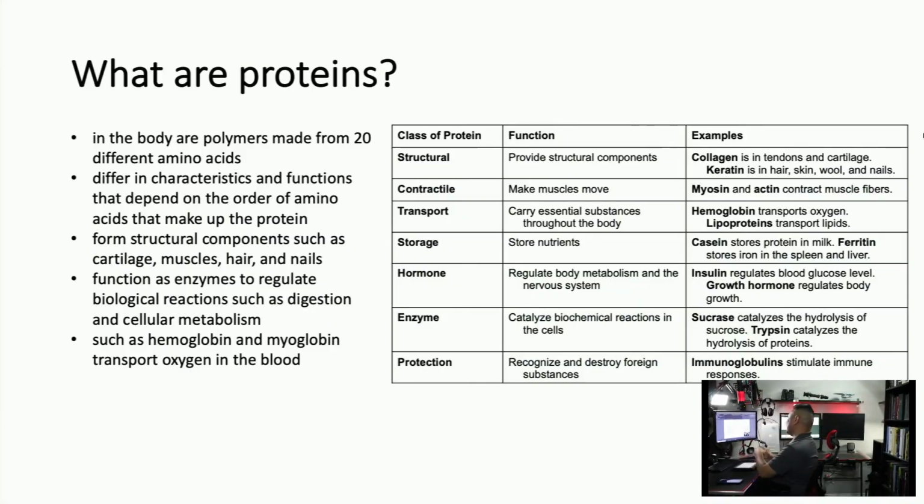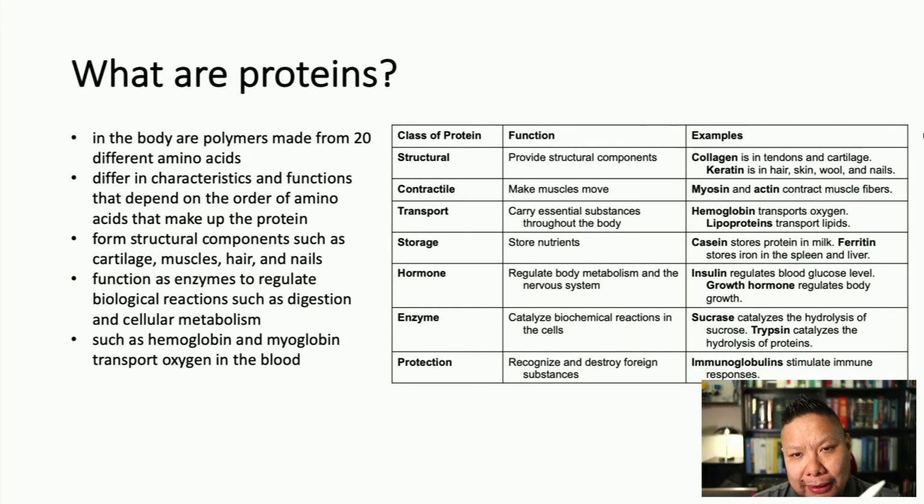So what are proteins? Well, proteins are one of the biomolecules that I spoke of before when we were talking about biomolecules: carbohydrates, lipids, and then proteins. And then I think last time I said there were three. I made a mistake there. There's actually four.